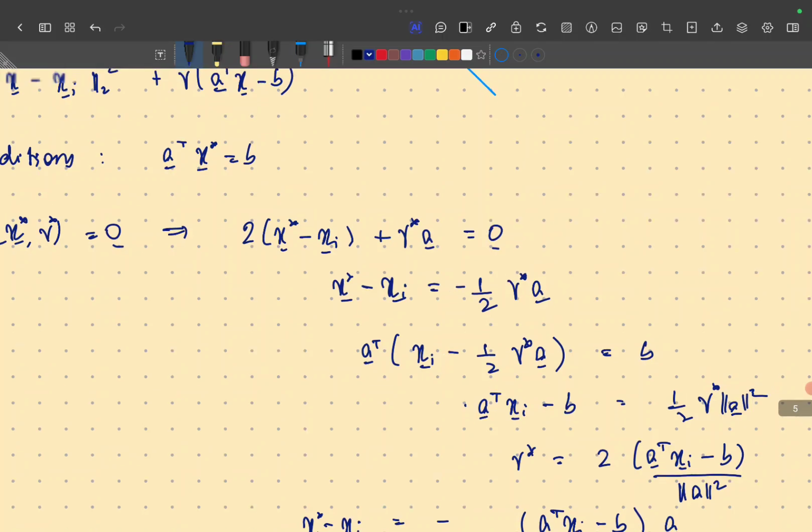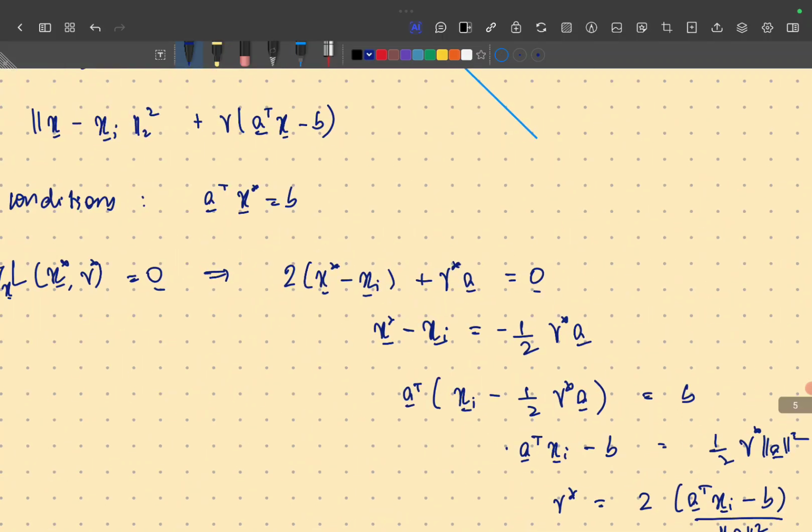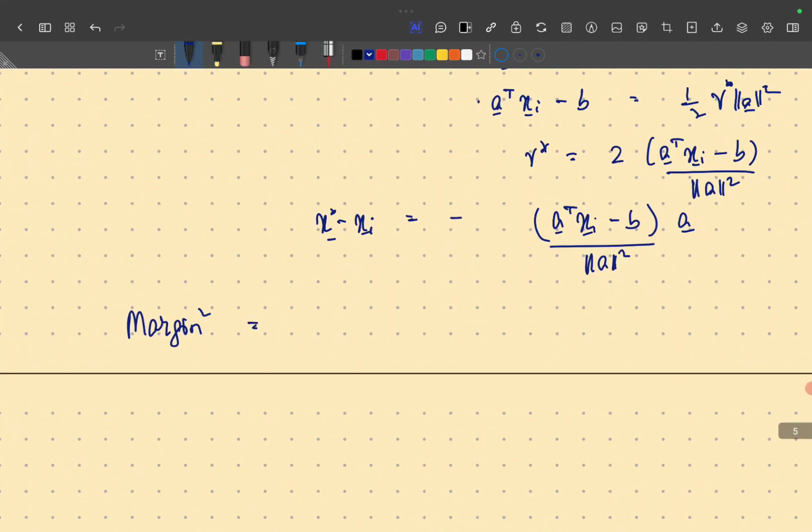Right. So what will the squared margin be equal to? This will be equal to the norm of (A transpose xi minus b) the whole square times norm A squared, divided by norm A squared the whole square.